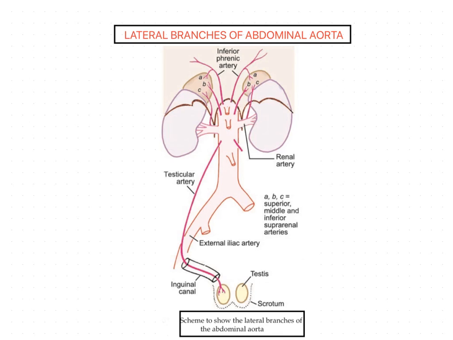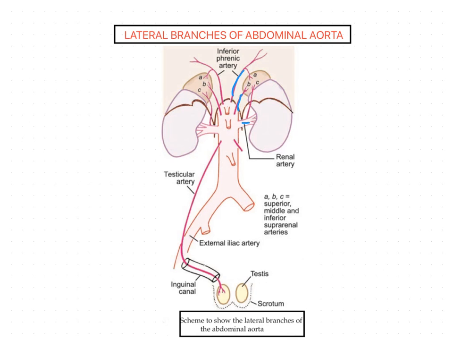As we know, the lateral branches of the abdominal aorta are the inferior phrenic arteries, a pair of inferior phrenic arteries, the middle suprarenal arteries, and then the renal arteries and gonadal arteries. These are called testicular arteries or ovarian arteries.